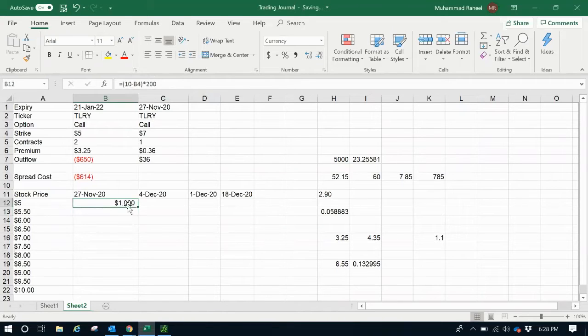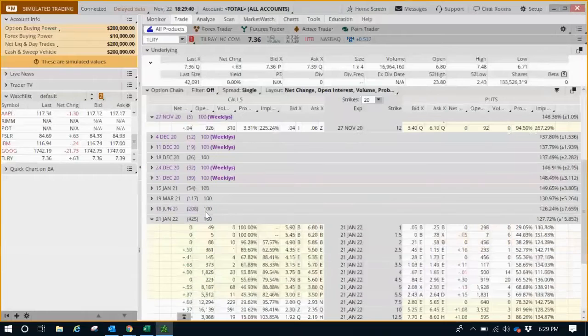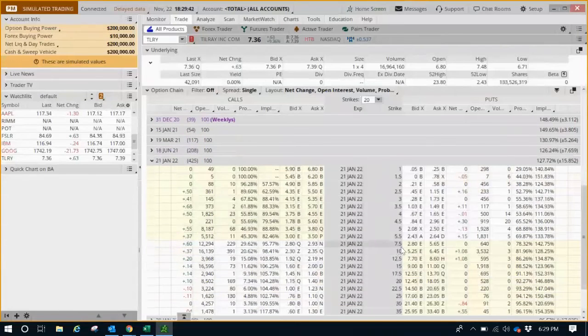So yeah, $1,000 worth, because you have 2 calls and they are going to almost have a delta of 1. Let's look at the delta of that $5 call.